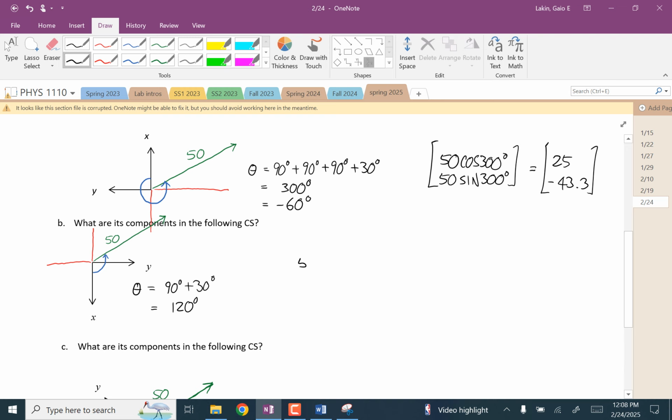And so that vector is 50 times the cosine of 120, 50 times the sine of 120, and this time you get negative 25, positive 43.3.